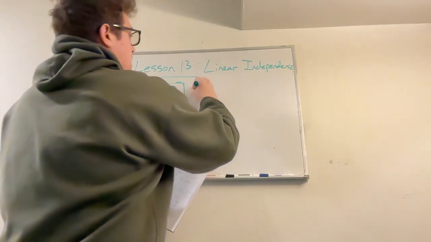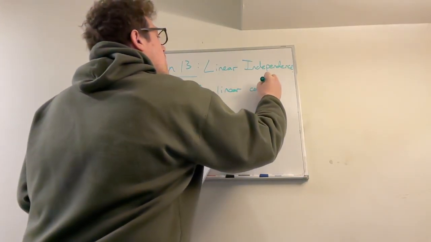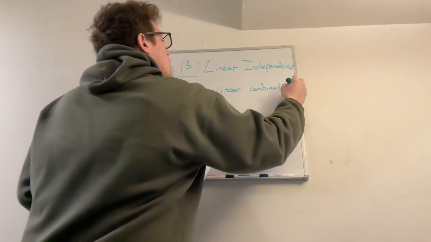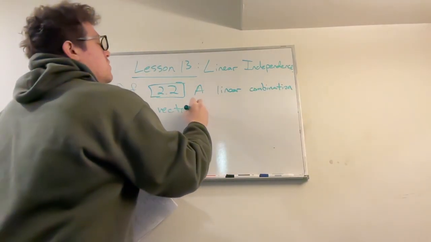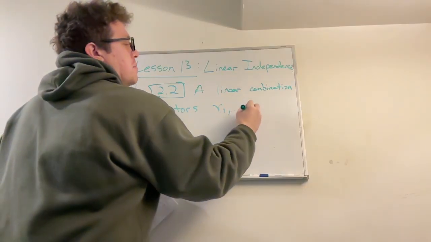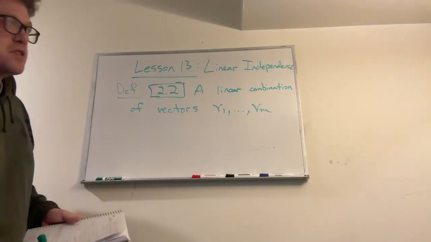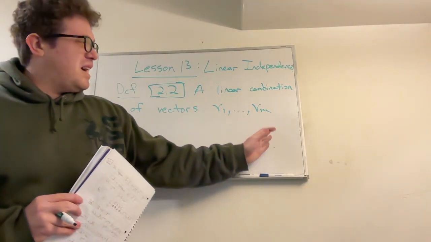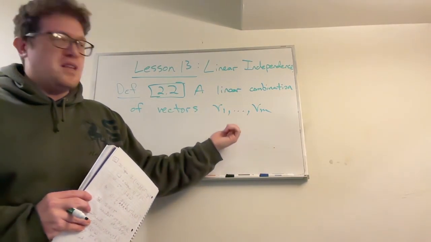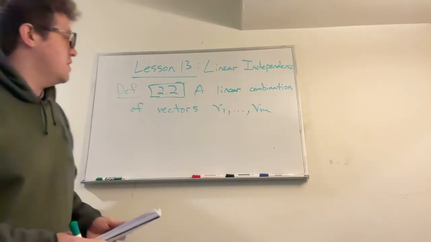We say a linear combination of vectors from some list, v1 through vm, some list of m vectors. I guess he sort of implies it, but the list can't be infinite, so it has to be a finite list.